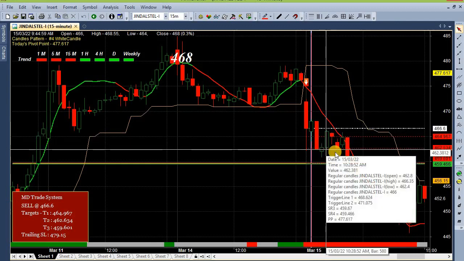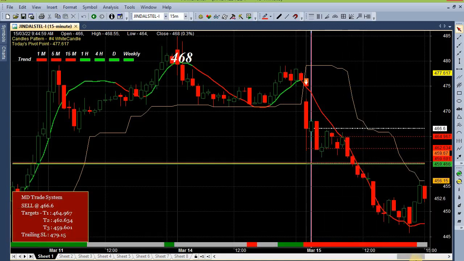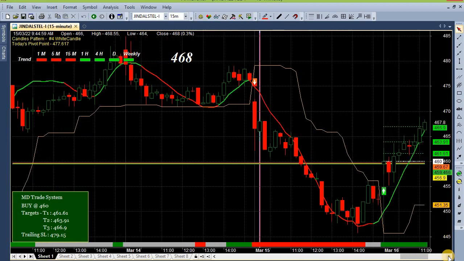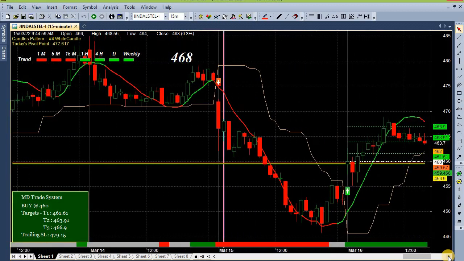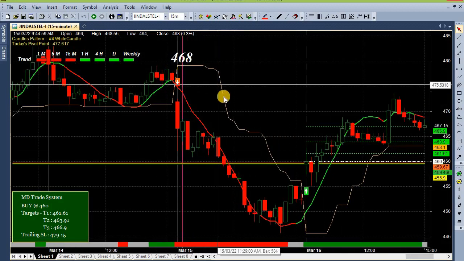This is just a simple technique you need to follow whenever you enter any call in the market. If you trade such calls, you will surely get your targets. Also, the stop loss which we have is a trailing stop loss.